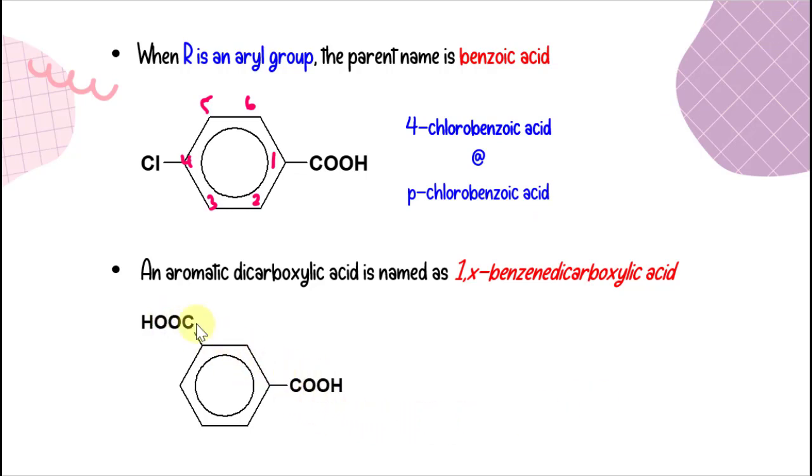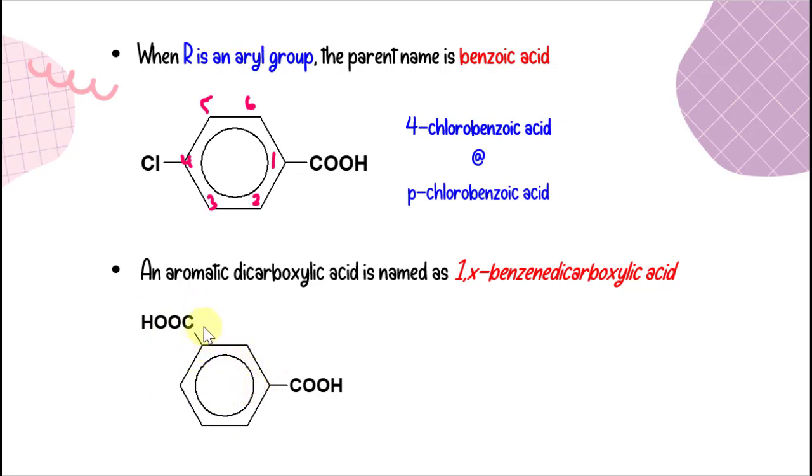But if there are 2 carboxy groups present on the benzene ring, we call it an aromatic dicarboxylic acid. It is named as 1,X-benzene dicarboxylic acid, where one carboxy group's carbon becomes the first carbon and X is the position of the other carboxy group. For this structure, since there is no other substituent except the carboxy groups, this carbon can become our first carbon, and this one also can.